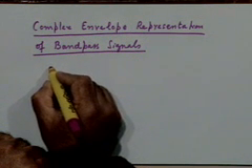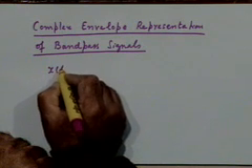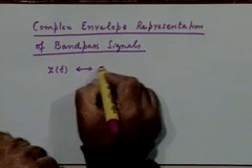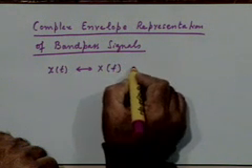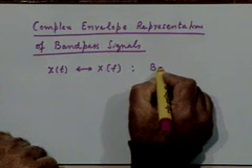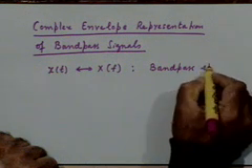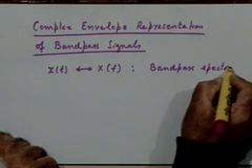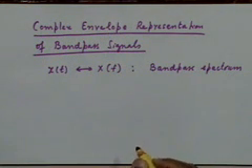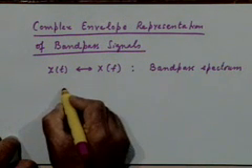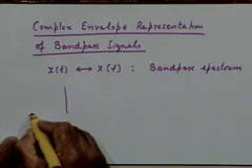So let us start with a signal x(t) such that its Fourier transform X(f) corresponds to a bandpass spectrum. Okay. So let us say we start with a spectrum like that.